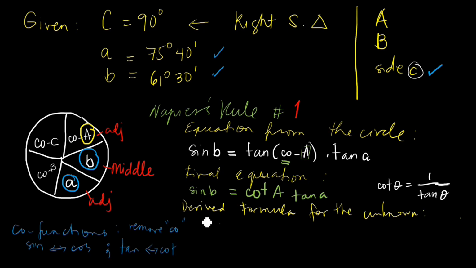So it means that we can write sine B equals, cotangent A is 1 over tangent of angle A times 2 tangent of side A. Simplifying this, we have tangent of side A equals tangent of angle A. Next, what we need is the big A, because it is what we are solving.